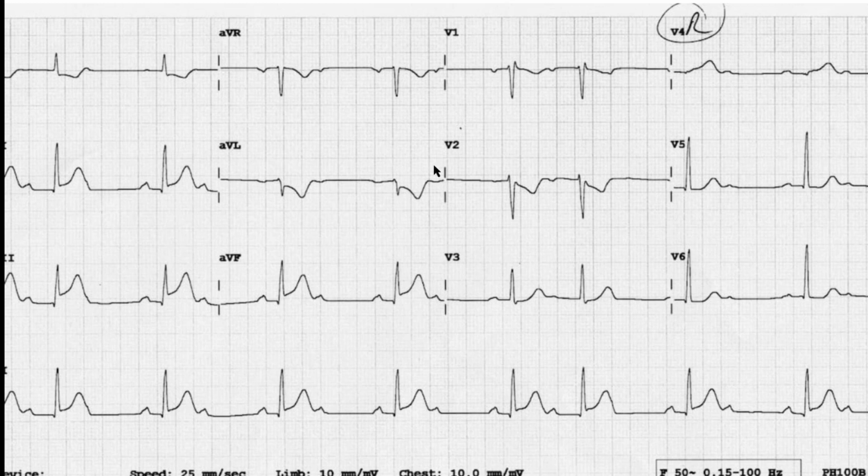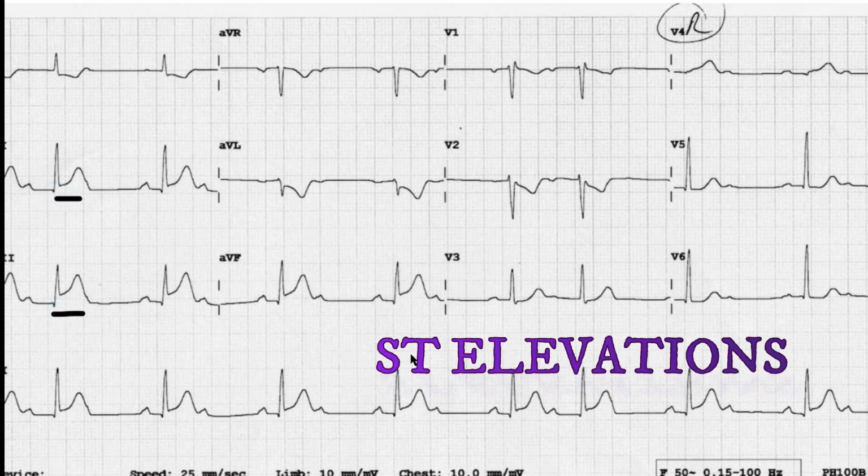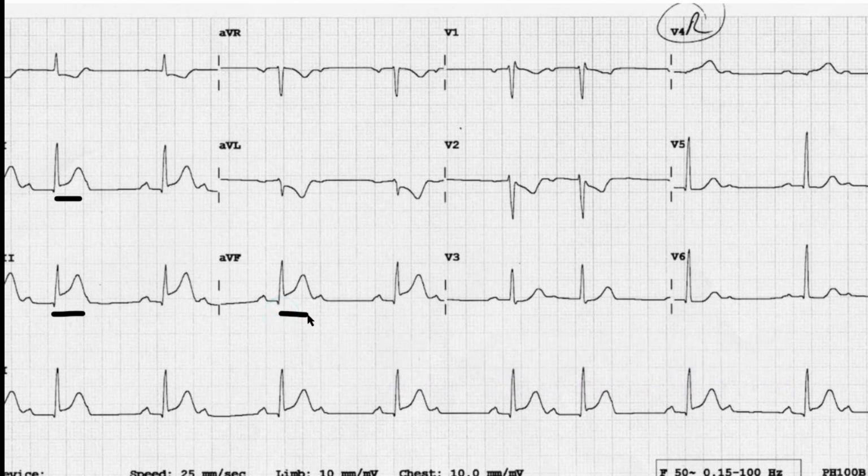After the axis, the most prominent finding which we can see on this ECG is the presence of ST elevation in lead 2, lead 3 and lead AVF. There is around 2 to 3 millimeter ST elevation in the inferior leads, that is lead 2, 3 and AVF.